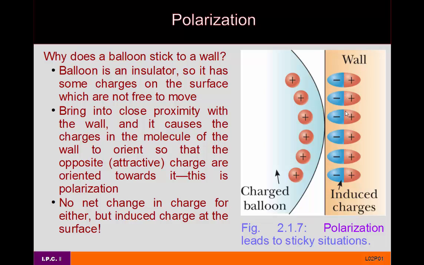And as you see here, the positives are all on the same side, the negatives are all on the same side. So what we have here is an induced polarization in the wall's charge, which acts as if the wall has a bunch of electrons at the surface to attract the protons at the surface of the balloon. And so that's why the balloon is able to stick to the wall.